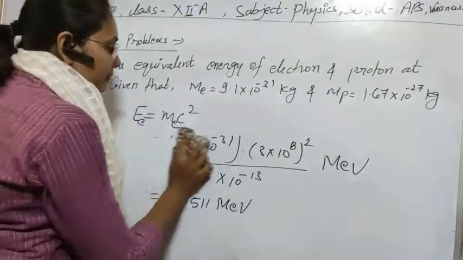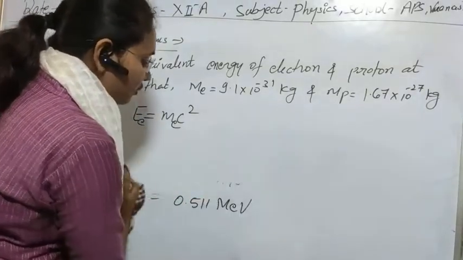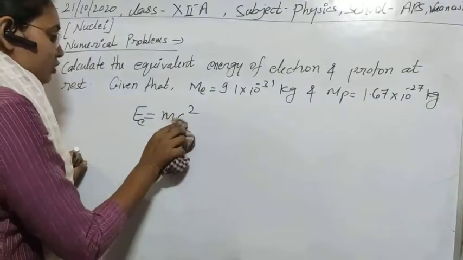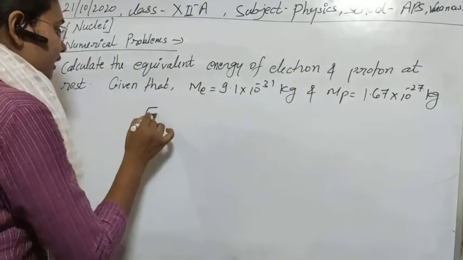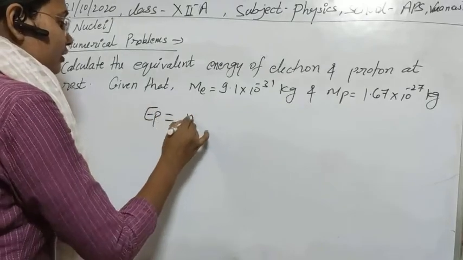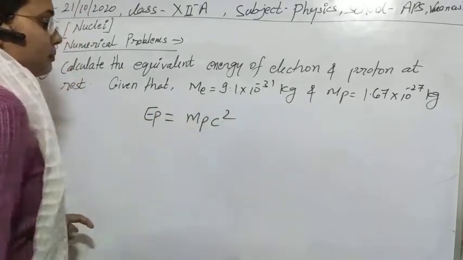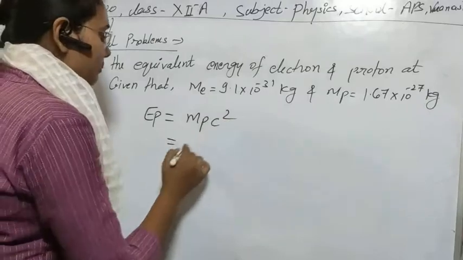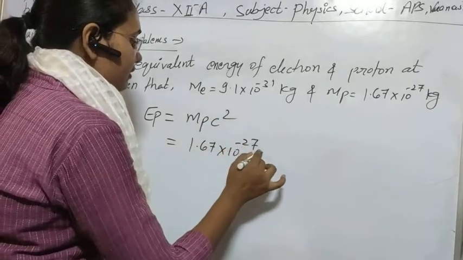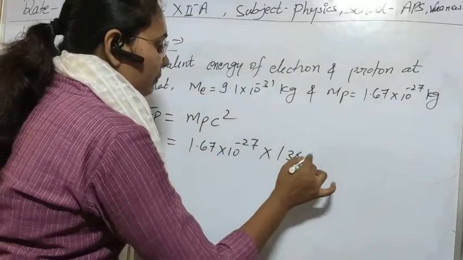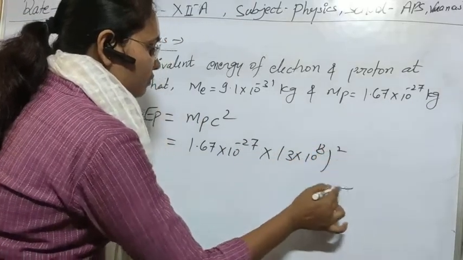So in the similar manner, for the proton we can calculate the equivalent energy. For the proton, again the equation will be equivalent energy of proton equal to mass of proton into speed square. So what is the mass of proton? That is 1.67 into 10 power minus 27 into 3 into 10 to the power 8 whole square.